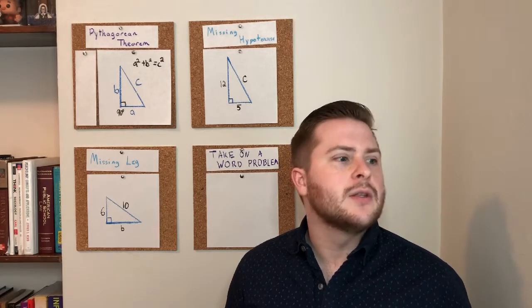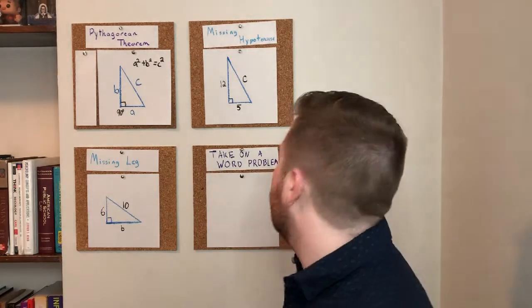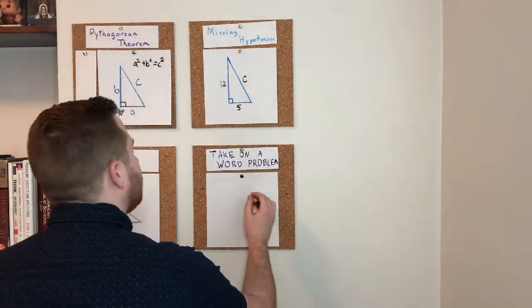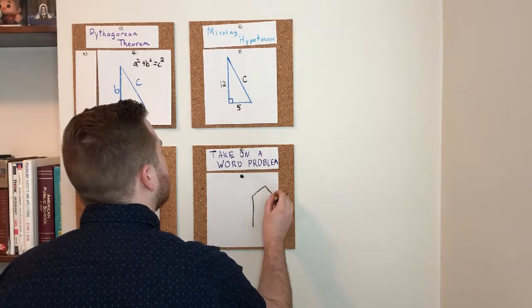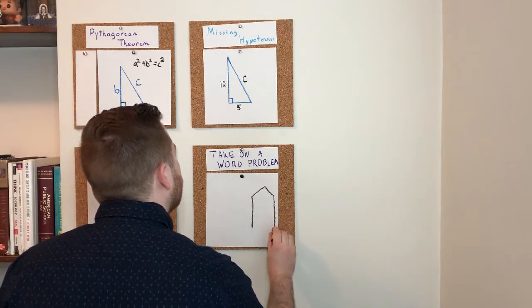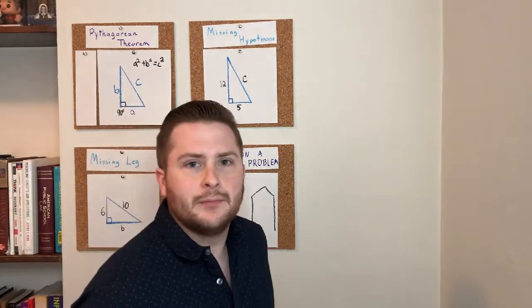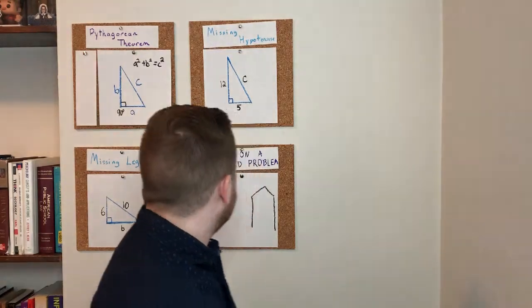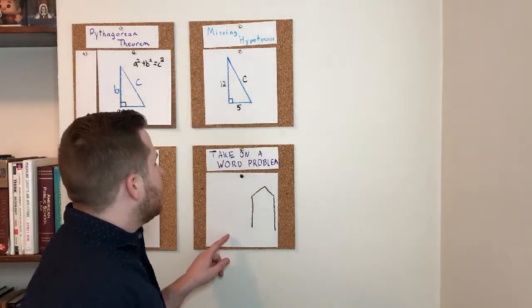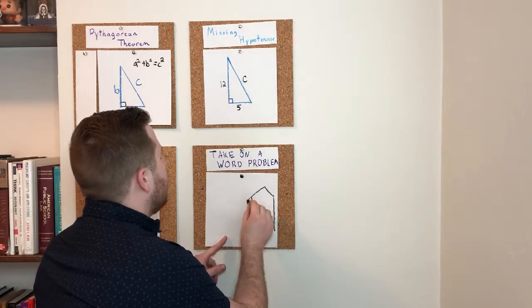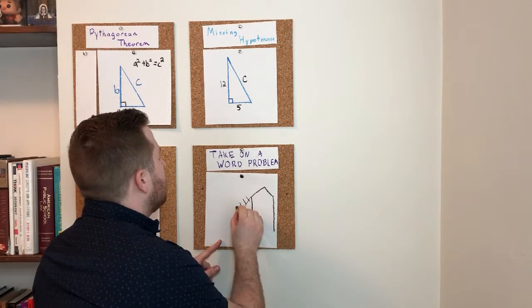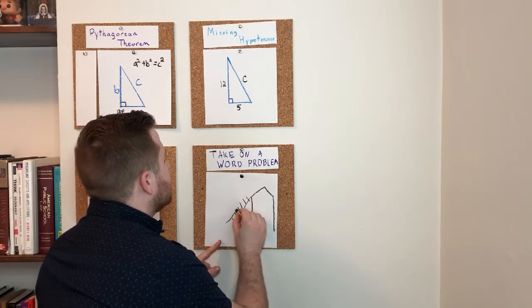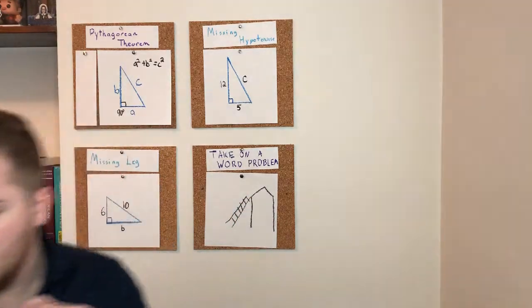So if I had a question that asked me something along the lines of, there's a person who has a ladder and they're trying to get to the second or third story of a house. And the length of the ladder that the person has is, this is looking a little Blue's Clues.